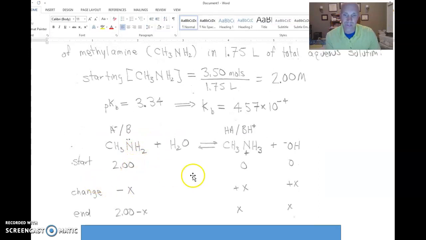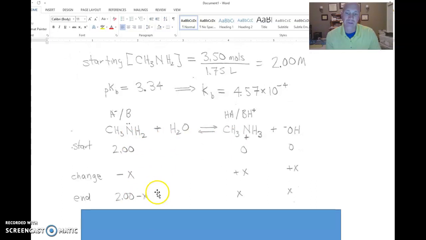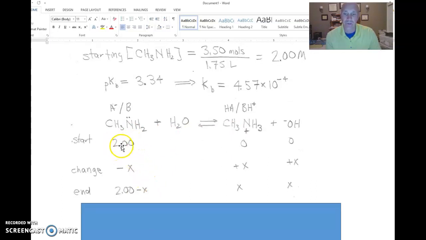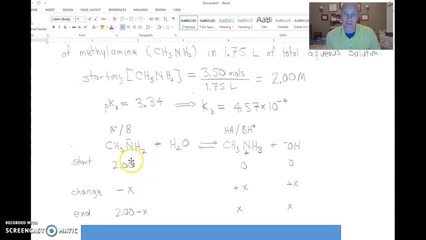So what are we going to do with this? We're going to set up the same type of chart that we did before, where we have a starting condition, we assume a certain amount of change is going to occur from that starting position, and then that's going to allow us to have an expression for what the equilibrium or the final concentration of these things would be in the solution. We're starting off with 2 molar of your methylamine.